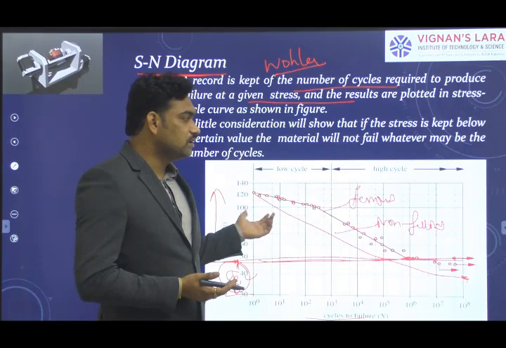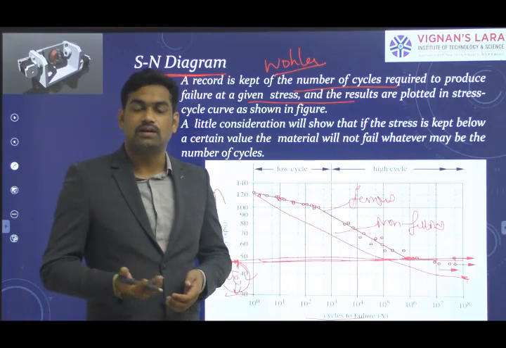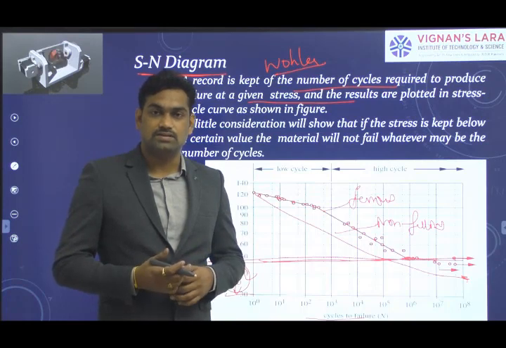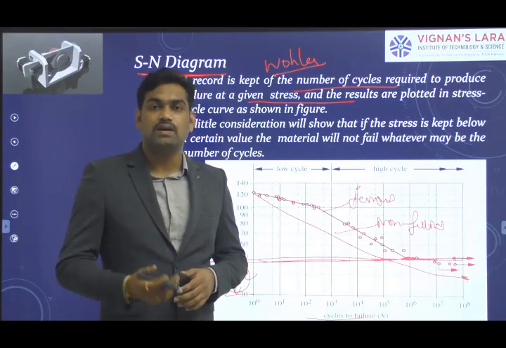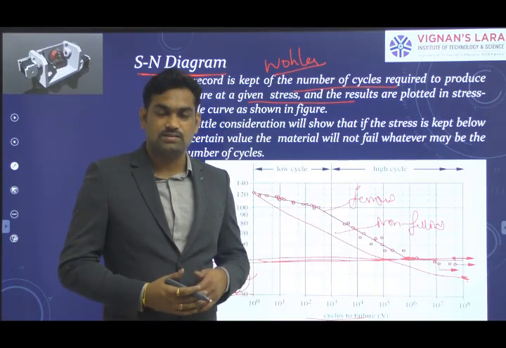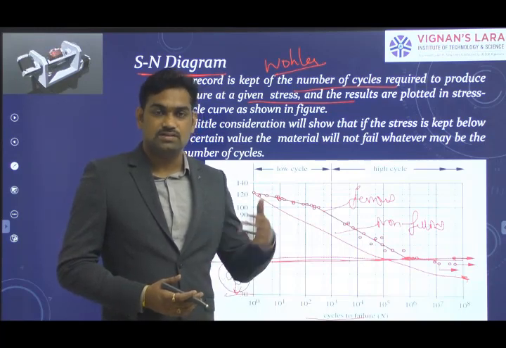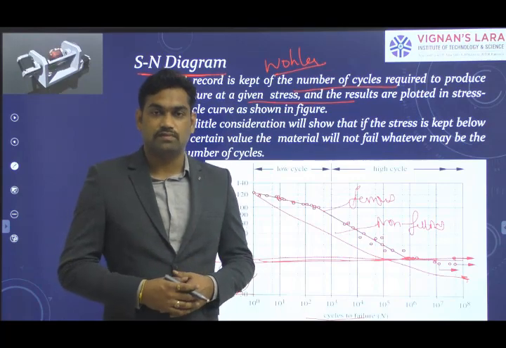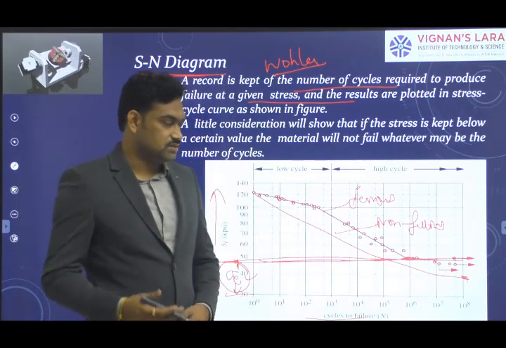So unlike the tensile strength in the ultimate testing machine, the endurance strength is not a constant one. It can vary based upon various factors like geometrical constraints, load factor, or surface finish factor. There are many factors that we will discuss later.